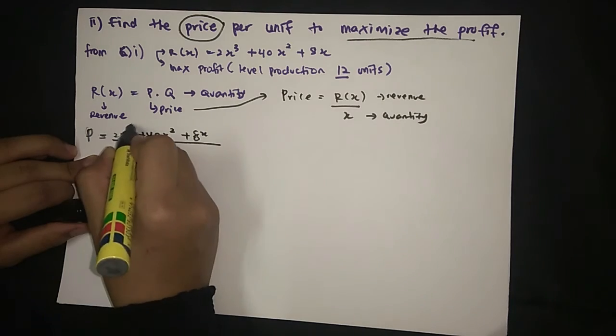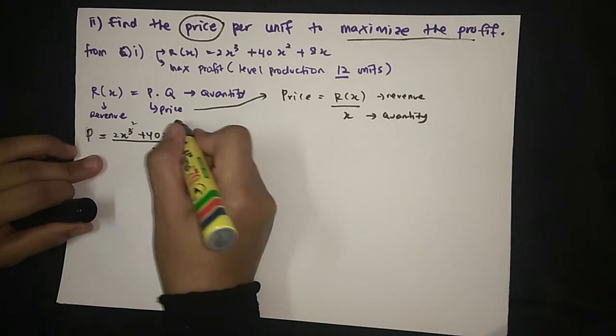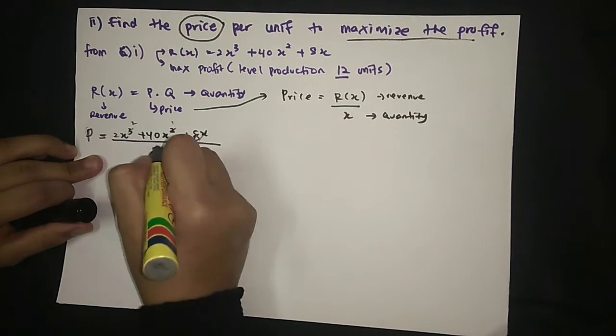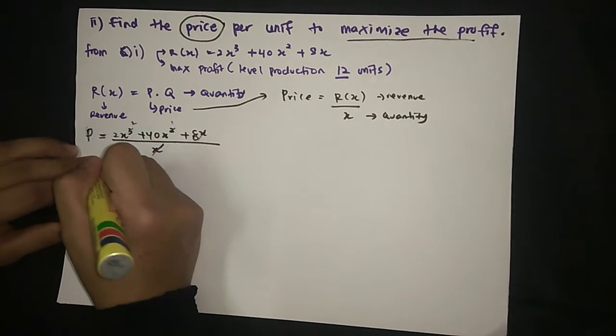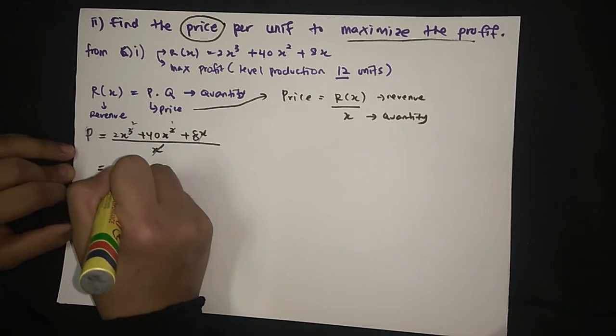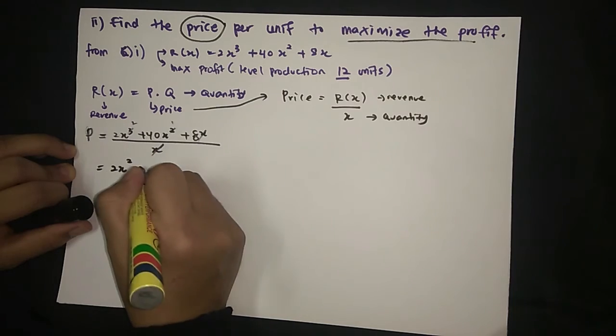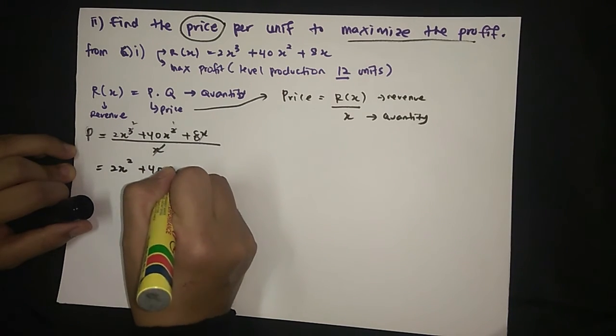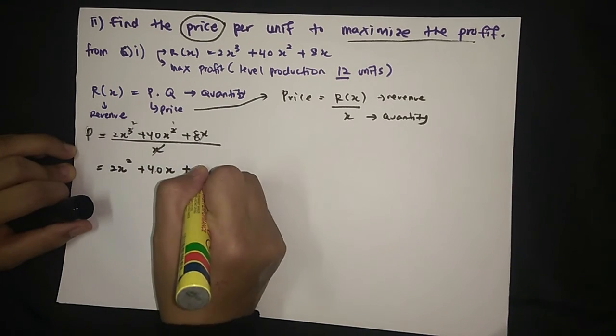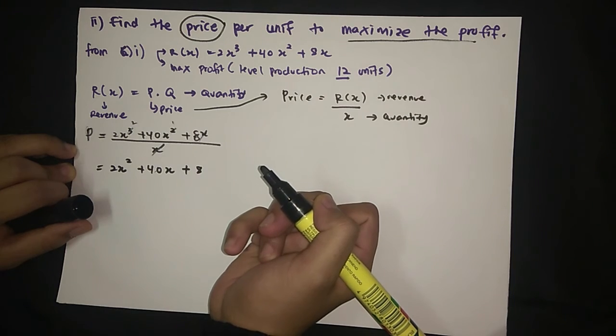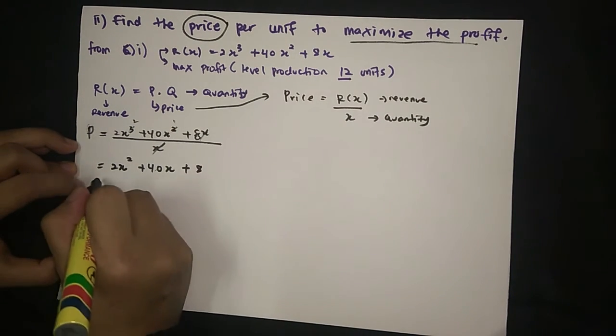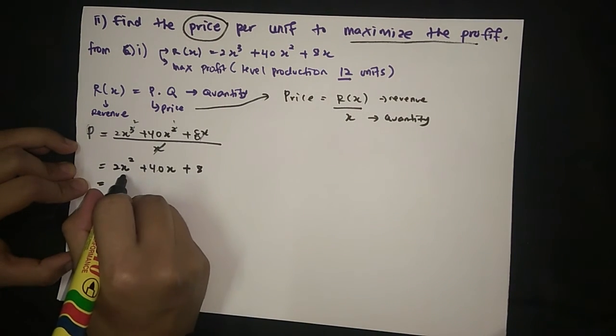Here we divide by x, so it becomes 2x squared, this one becomes 1. So P equal to 2x squared plus 40x plus 8, and x is dropped. Now we got the price function.